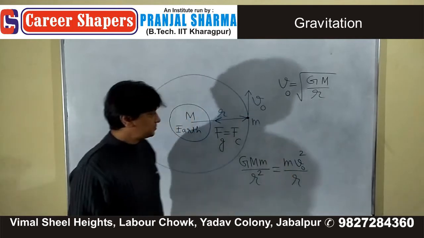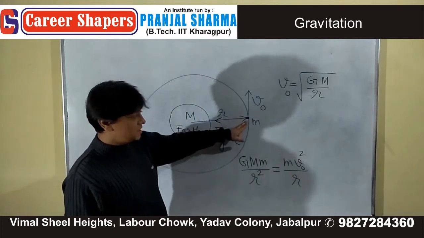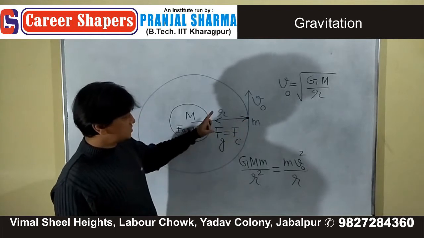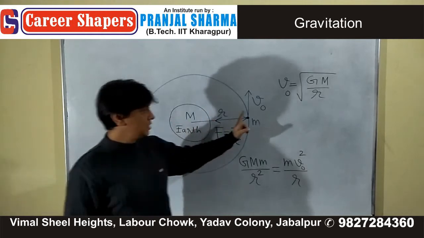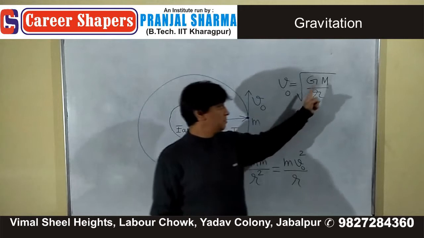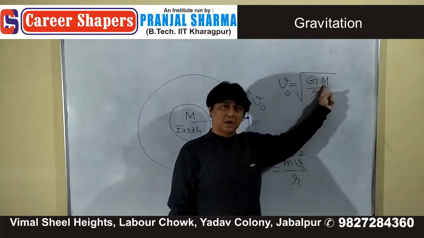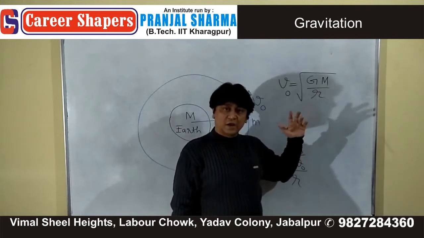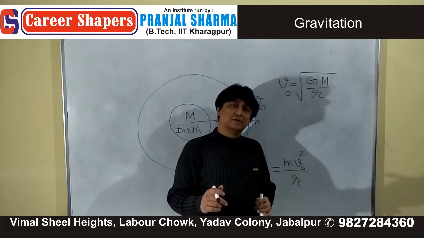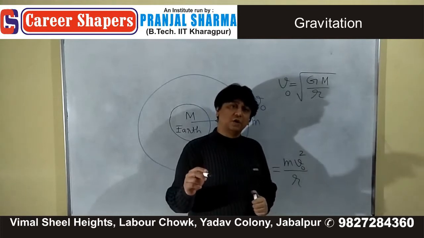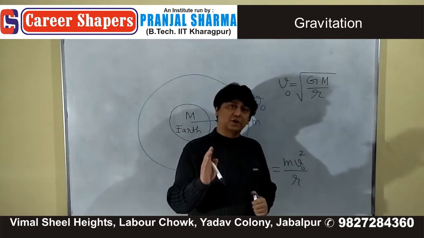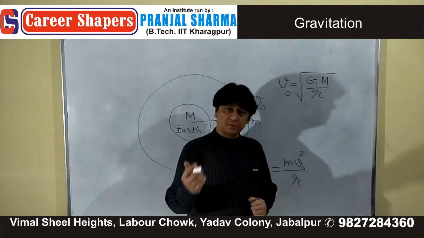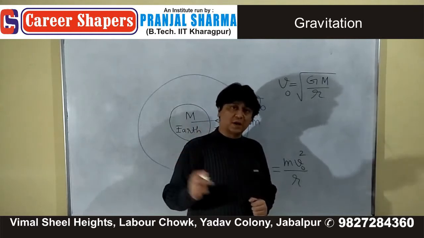That means any mass which revolves at a distance of r, its orbital velocity is decided by the mass of Earth and the distance of the satellite from the center of Earth. If you consider that all the planets revolve in perfect circular paths, which they do not, because you know that these paths are elliptical.